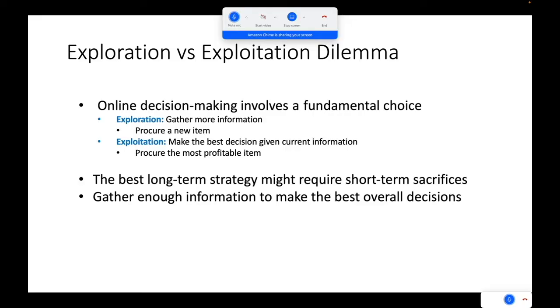Now, often it happens that winning over a long-term strategy might require some short-term sacrifices.